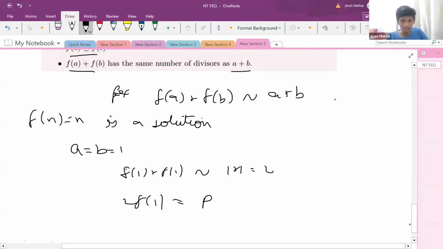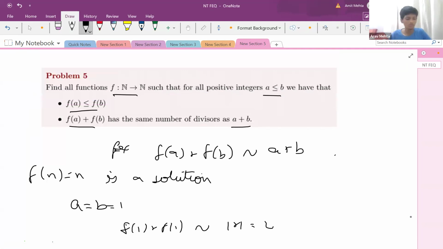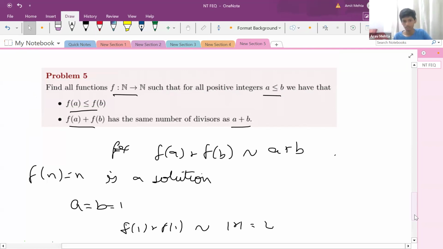So this is 2, and since 2 divides it, p must be 2. So f of 1 equals p. Good. So yeah, maybe you can try to find f of 2, f of 3, and try to end up with something.